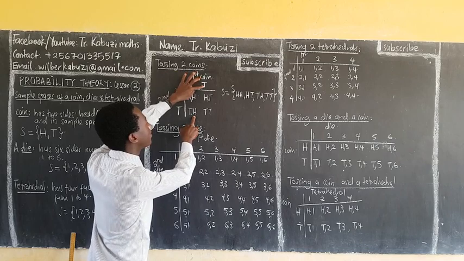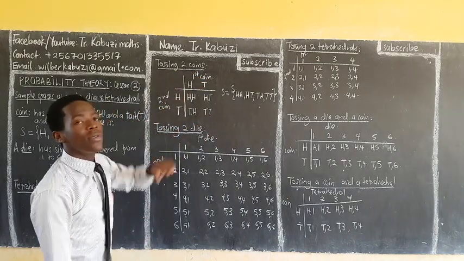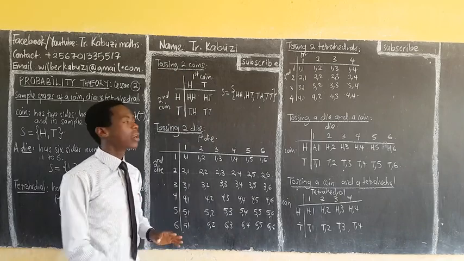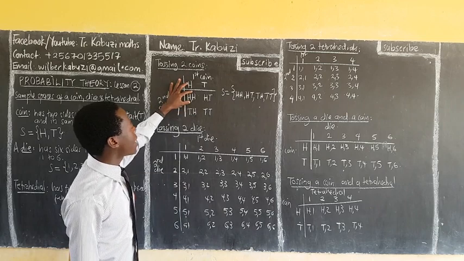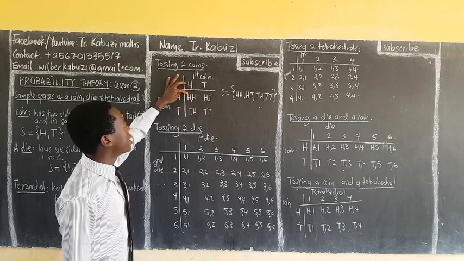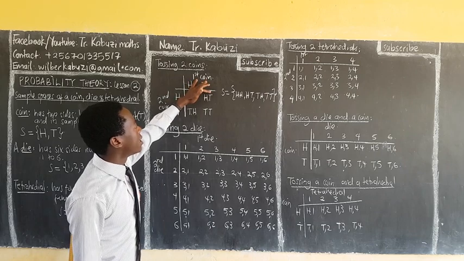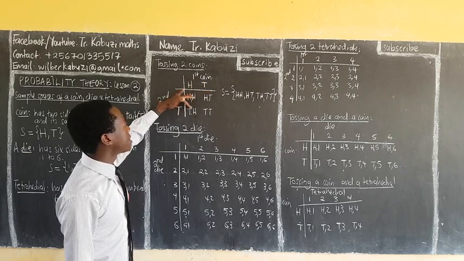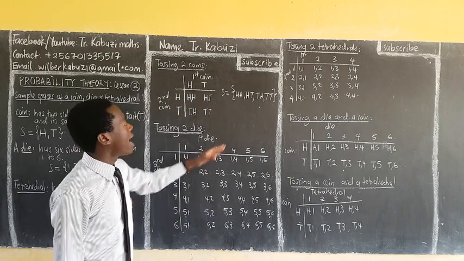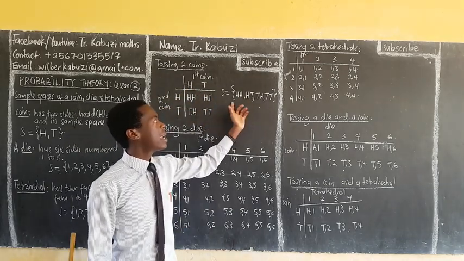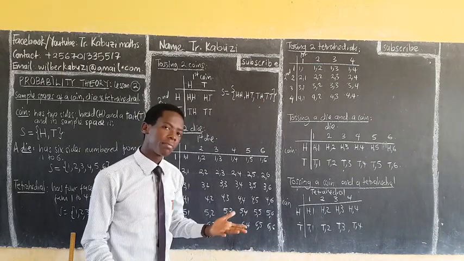Or the first can produce a tail and the second produces a head, or both produce tails. Those are the only expected outcomes. So the number of outcomes in the sample space is 1, 2, 3, 4.